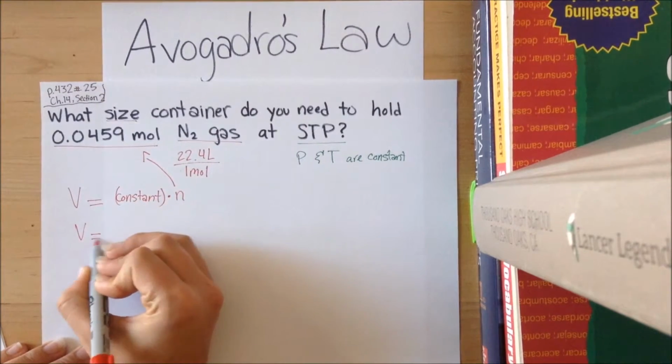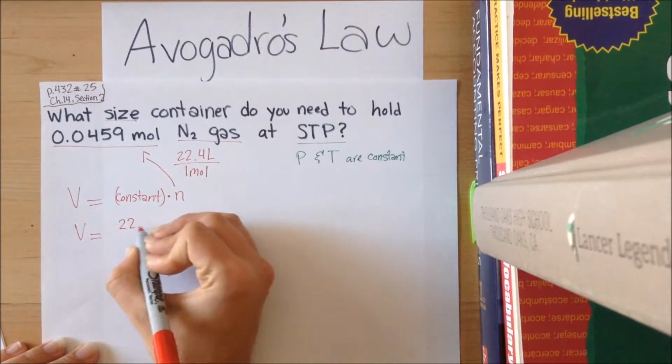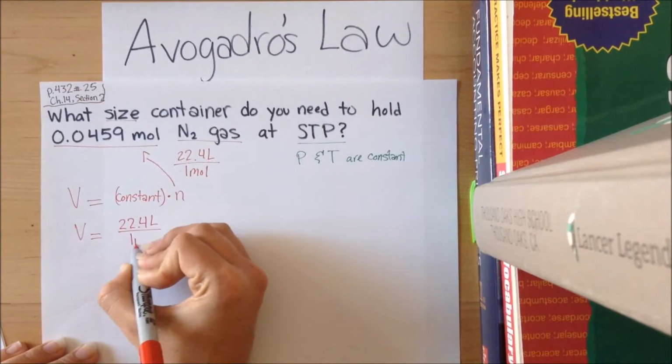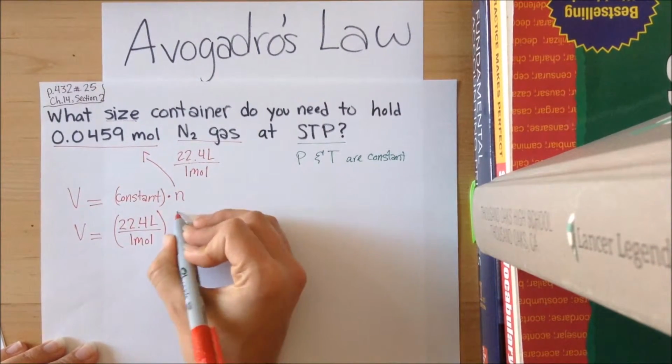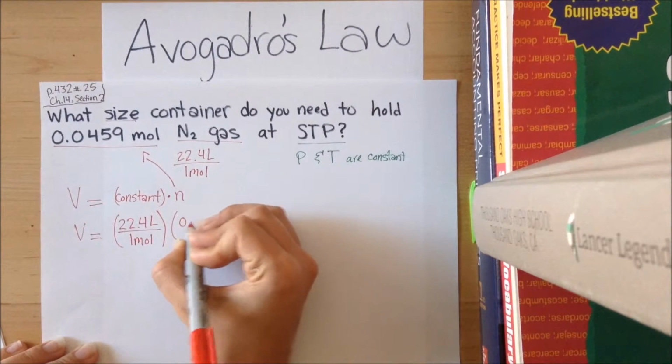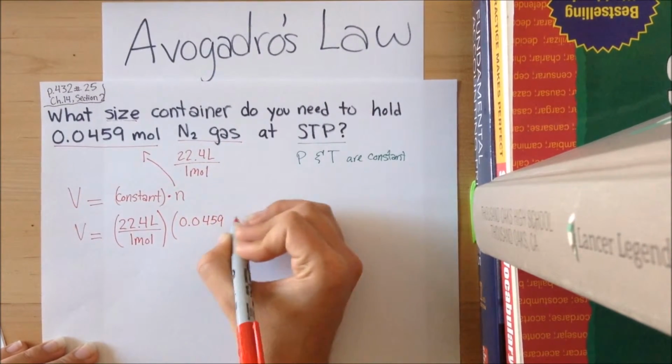So volume equals 22.4 liters per 1 mole, that's our constant, times 0.0459 moles.